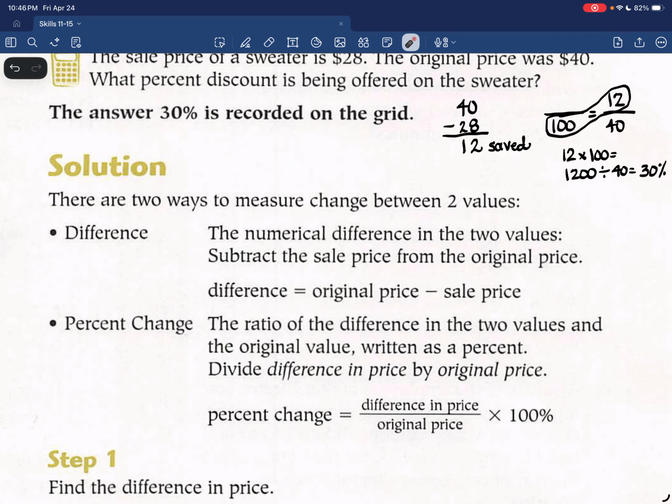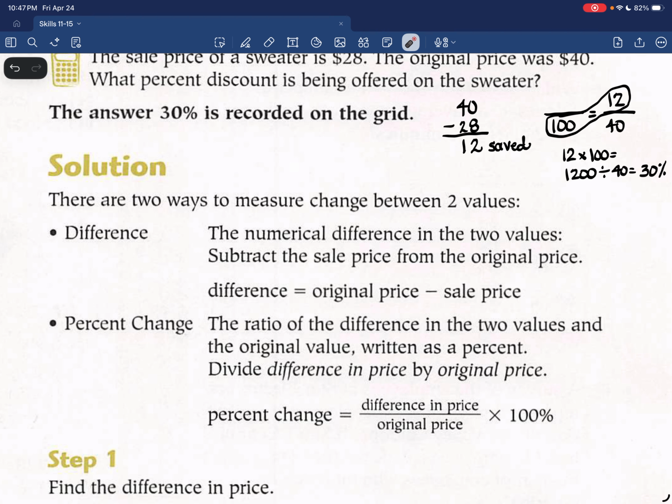There are two ways to measure change between two values. You can find the numerical difference in the two values by subtracting the sale price from the original price. And that's what I did up there. I found that $12 was saved. The percent change is the ratio of the difference in the two values to the original value written as a percent.